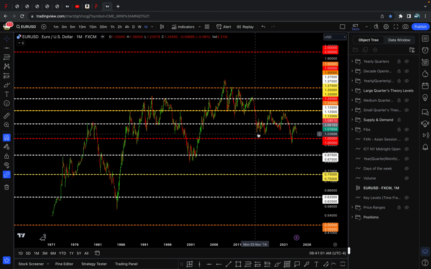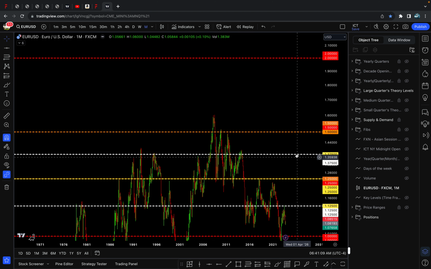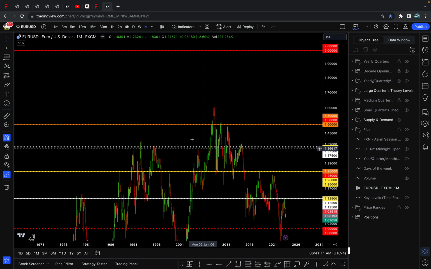This is our frame. And like I said, 1 to 2, and then halfway is, if I'll show you, halfway is 1.5. So you got 1 to 2, halfway is 1.5. Halfway between 1 and 1.5 is 1.25, and so on and so on.